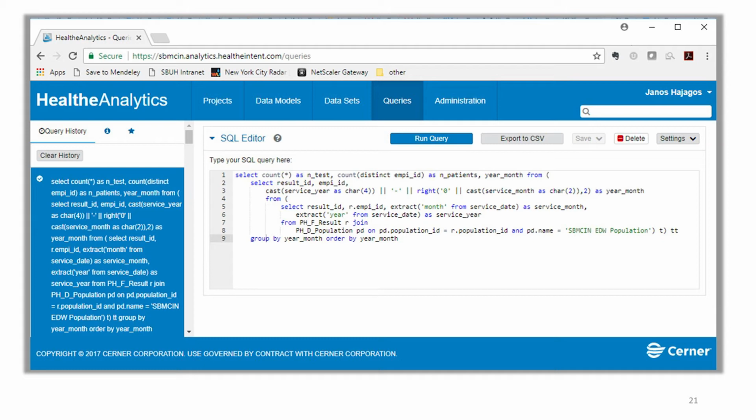But you need to have a data store to store the data. About 4 years ago, Stony Brook adopted a technology called HealtheIntent. HealtheIntent is a product from Cerner which stores data from different electronic health records into a population health platform. And this is the interface that I use to analyze and work with the data.